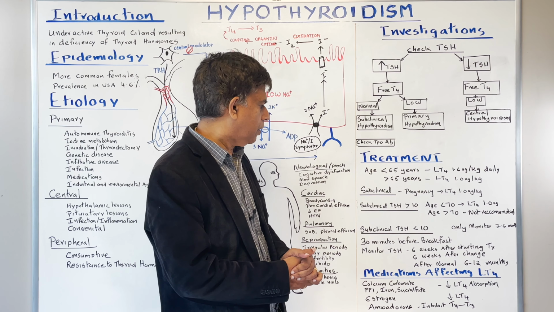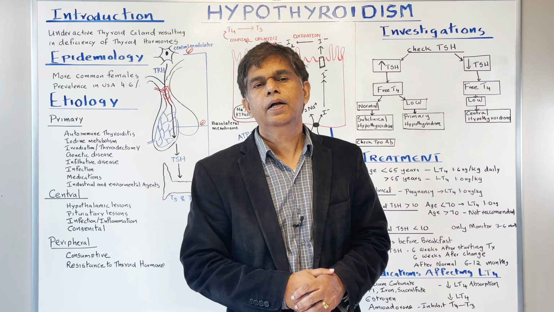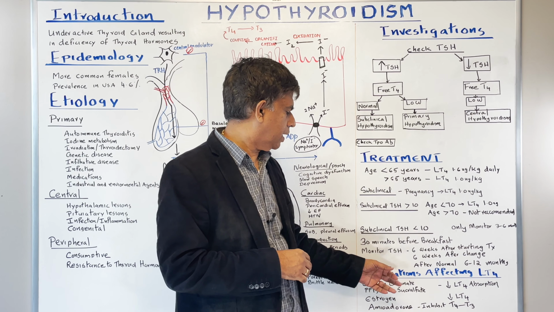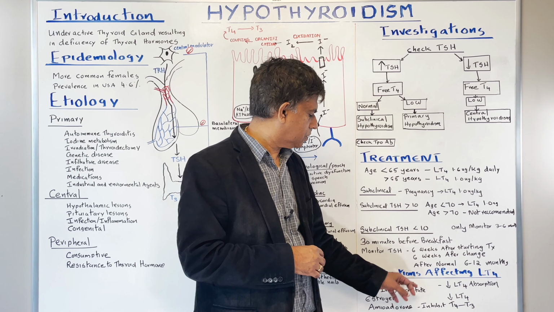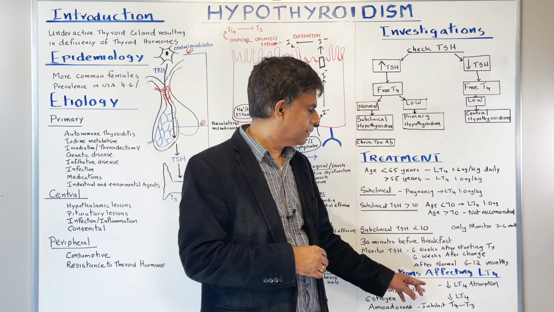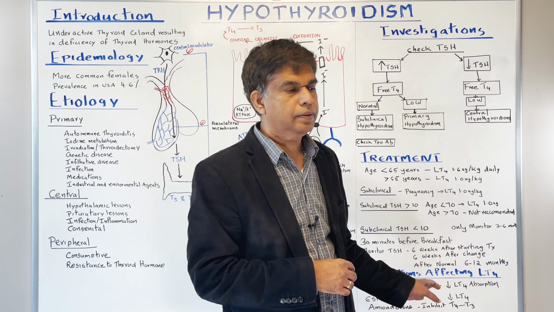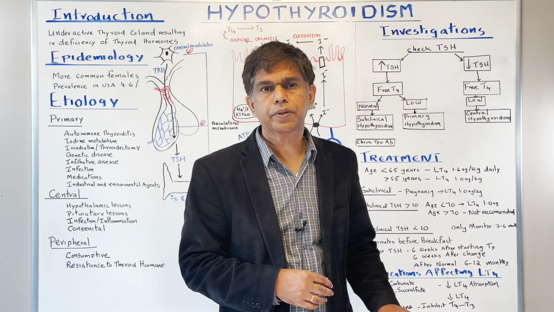Now, when we talk about medications, some of them can interfere with the thyroid hormone. So when you take the supplement, you have to be very careful. Let's say you take calcium carbonate, proton pump inhibitor, iron, sucralfate, any of these, they can decrease the T4, the thyroid hormone absorption, whatever you're taking.